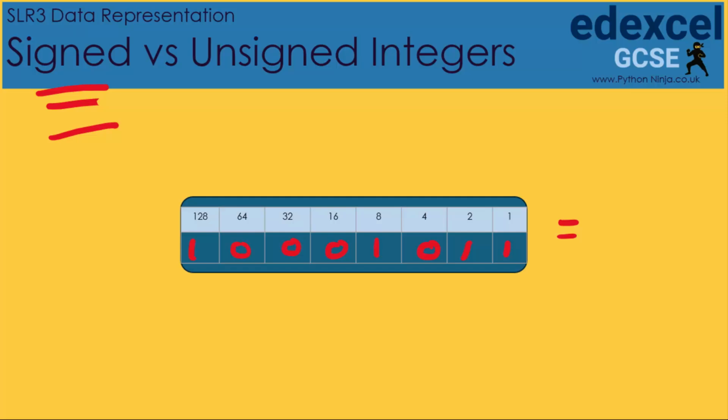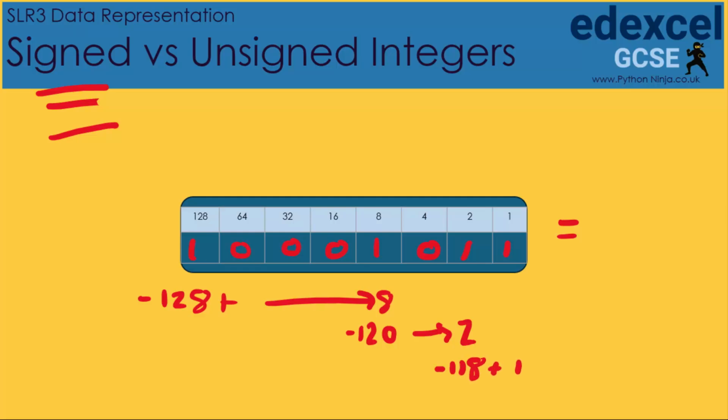So we know it's a signed integer, so we know we're starting at minus 128 plus 8 gives us minus 120, plus 2 gives us minus 118, plus 1 gives us minus 117. So the answer is that this signed integer is representing the negative number minus 117.